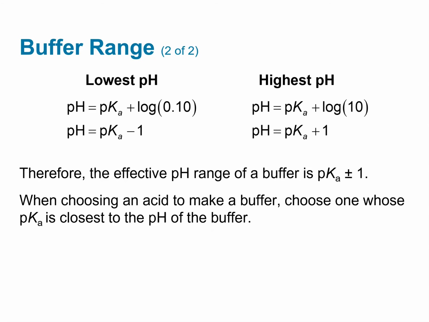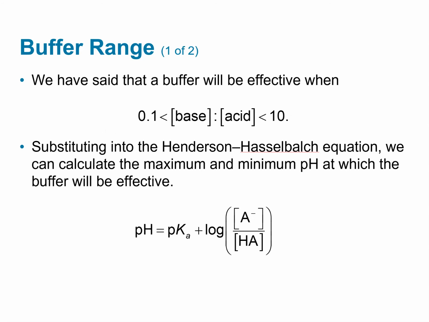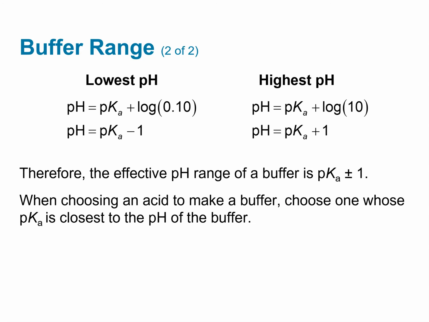If we put these values into the equation, we would see that the lowest pH at which a buffer would be effective is when the pH is 1 less than the pKa.